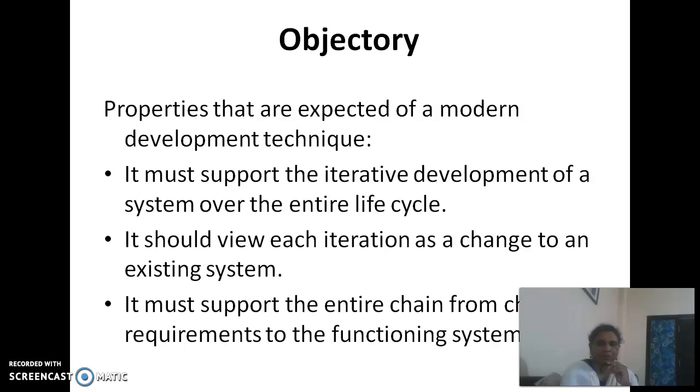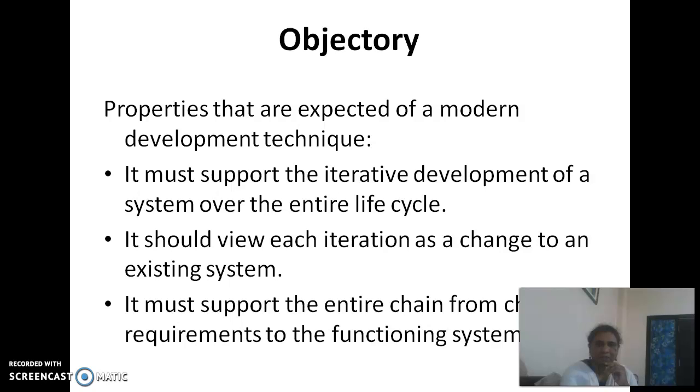Before we go into object tree, we look into the properties that are expected of a modern development technique. Number one, it must support the iterative development of a system over the entire life cycle, as we have seen in the system life cycle.